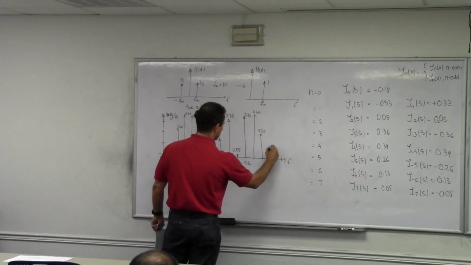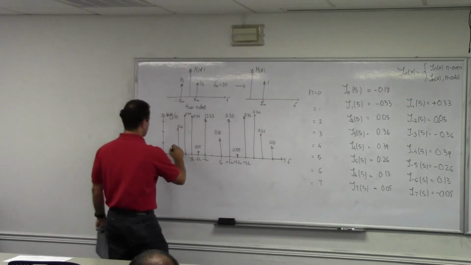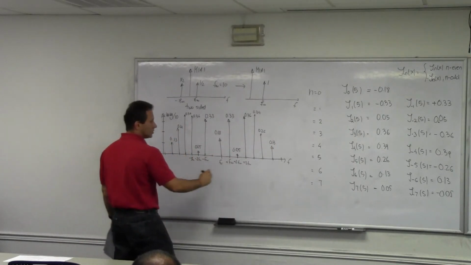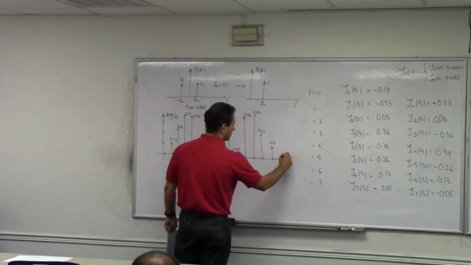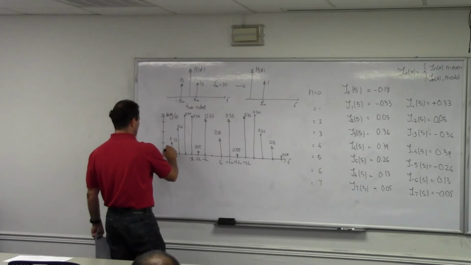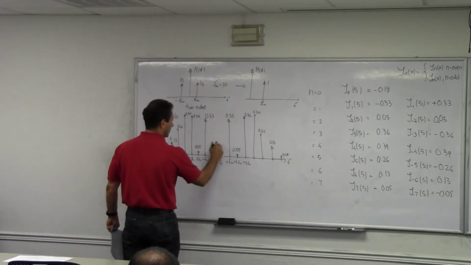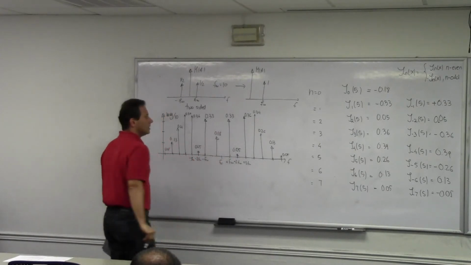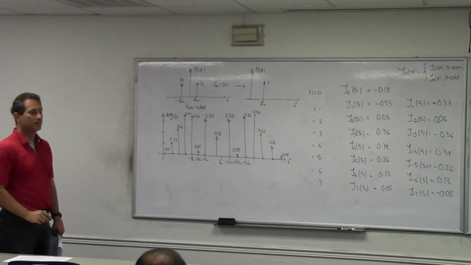So here it is, and this one is 0.13. And then the seventh one is so small, right? 0.05. So what I'll do is just make it symmetric. So that's the spectrum of my signal with all these components, right?